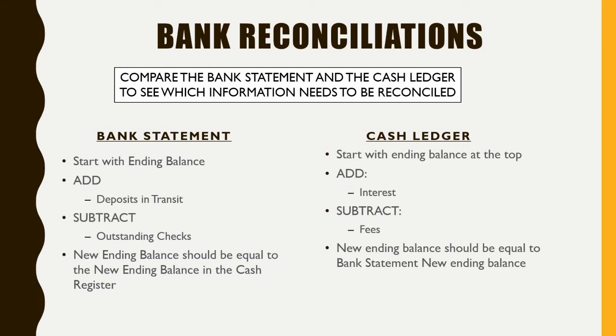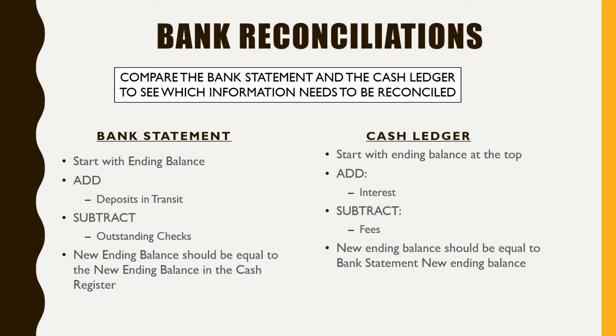One is actually a printed document from your bank, and one is your own accounting books. The rule here is that we need to understand what the bank knows that you don't know, and vice versa, what you know that the bank doesn't know.